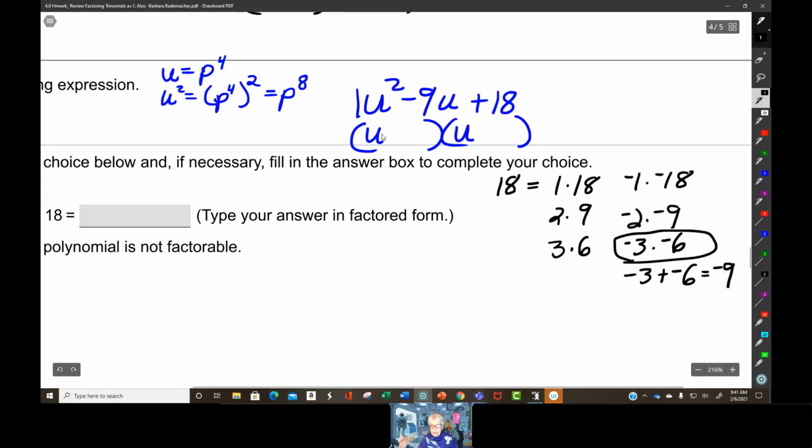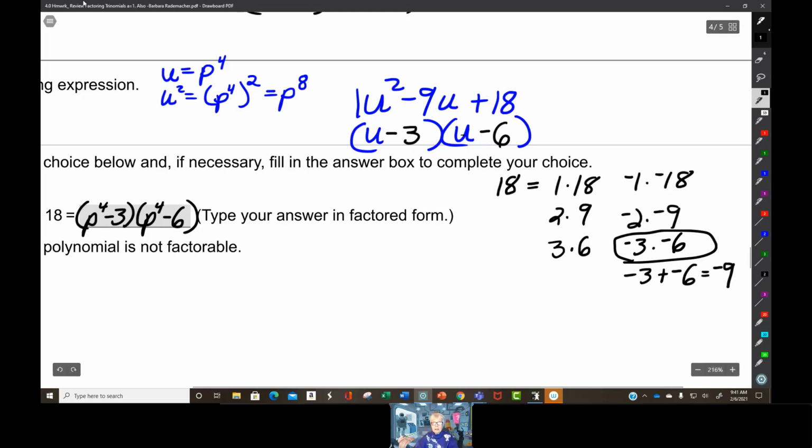So, I'll put this in black. -3 and -6. Now all I have to do is put p to the fourth in here, and in here, because u squared is not called for in these factors, just u. So all I need is p to the fourth. So p to the fourth minus 3 times p to the fourth minus 6 is your answer.